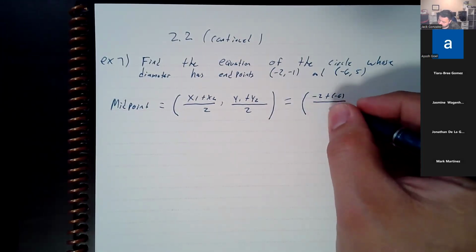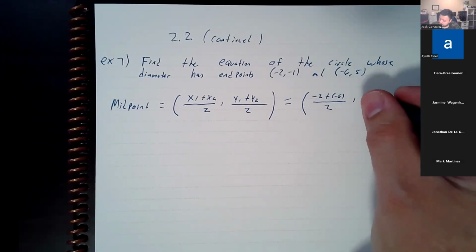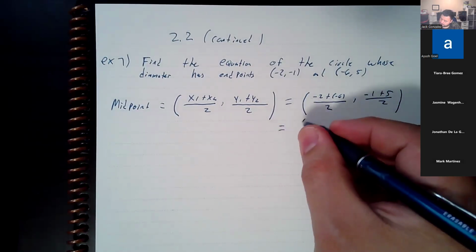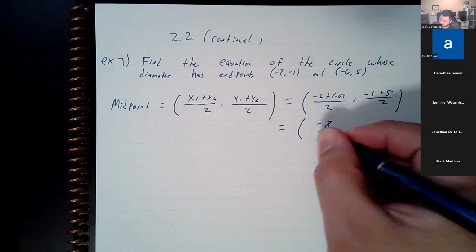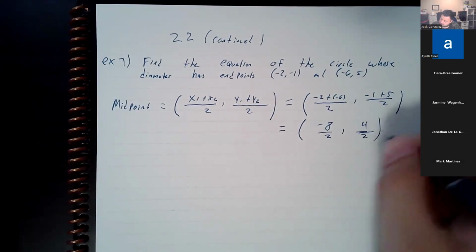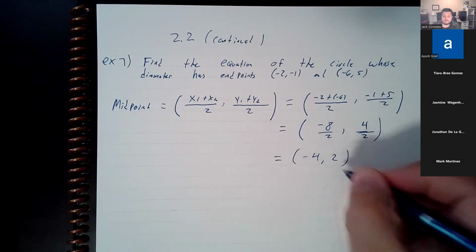So -2 plus -6 over 2, -1 plus 5 over 2. That'll be -8 over 2, 4 over 2, -4, 2.